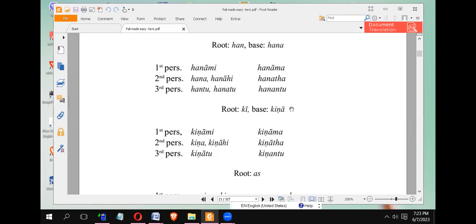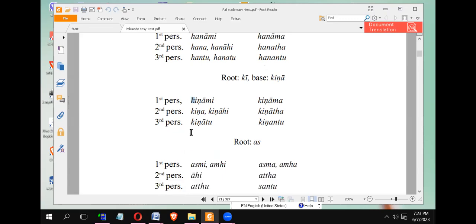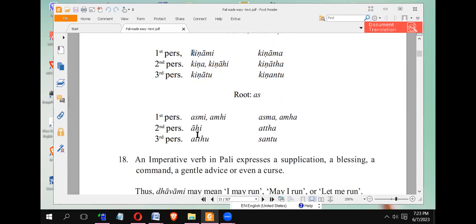I think this one is for basic students, not so important yet. And for those three, maybe you don't need to know why T becomes T. Normally not so important at your level. But for those intermediate, you need to know. All right, next one is as. We saw the word as in one of the lessons before, to be. So atu, santu, ahi, ata, asmi, ami, asma, amma. All right, so this is it.